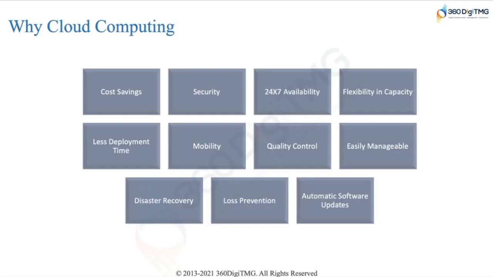The security they maintain, the firewall and the encryption, is comparatively good and up to date, rather than you maintaining it on premises. And 24/7 availability, flexibility, capacity, which we have just discussed, and less deployment time, mobility, quality control, etc. You can see on my screen.